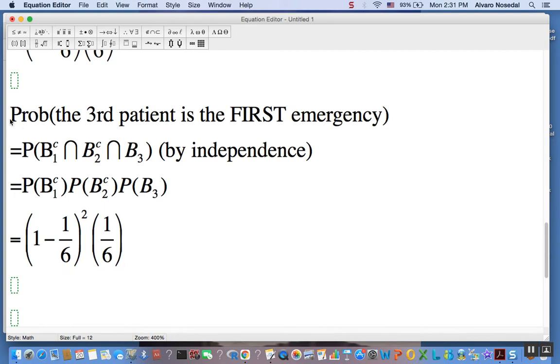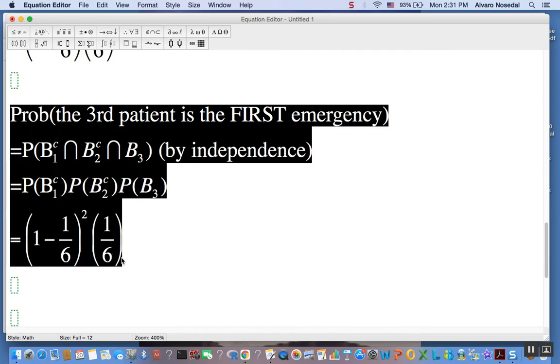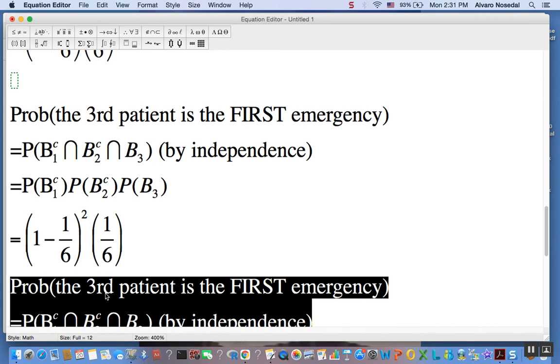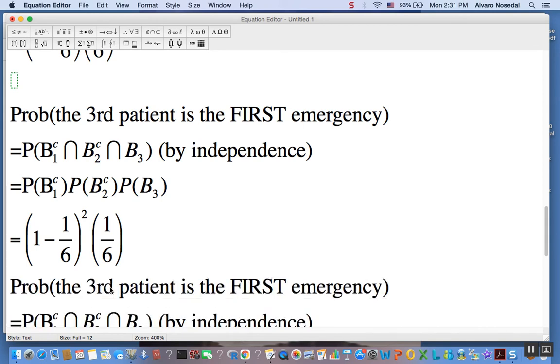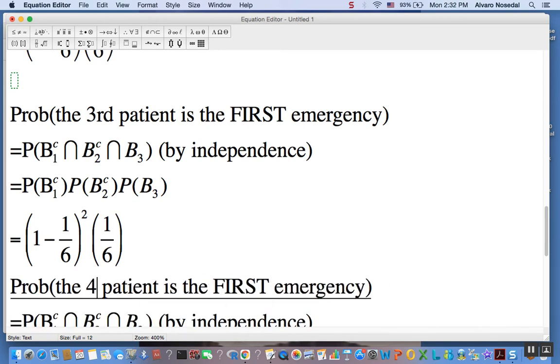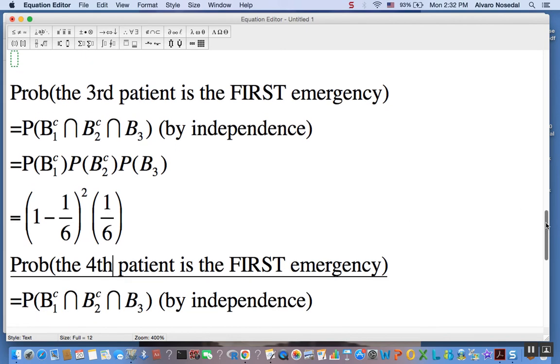Let's do one more for the fourth, and then we're going to jump and come up with the formula for the rth arrival being the first emergency. Okay, so let's copy and paste this. So now we want the fourth patient to be the first emergency.